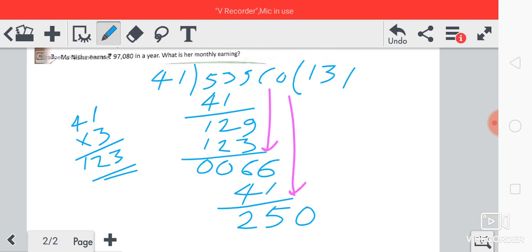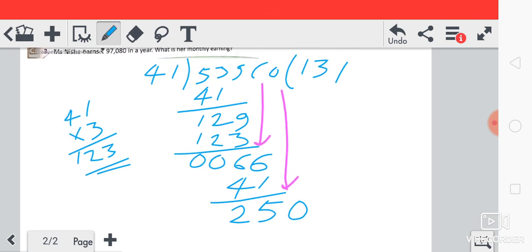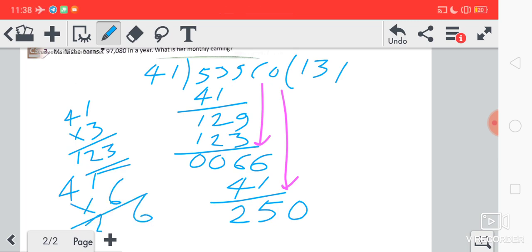Now how many times will we have to take so that we get less than 250 or exactly 250? So we'll multiply and see 41 how many times? 6 times. 6 1s are 6, 6 4s are 24. 246 we are getting.